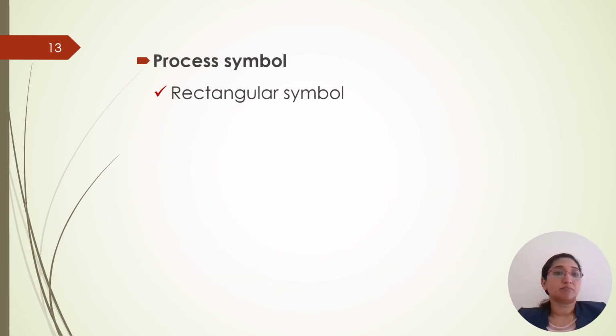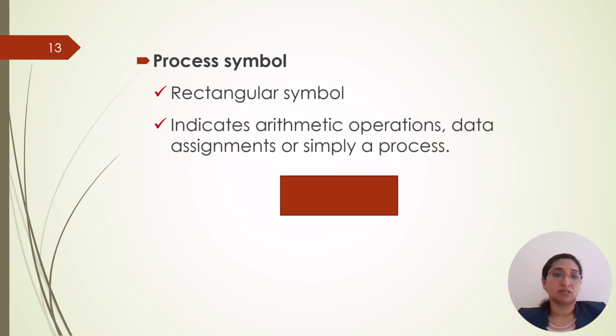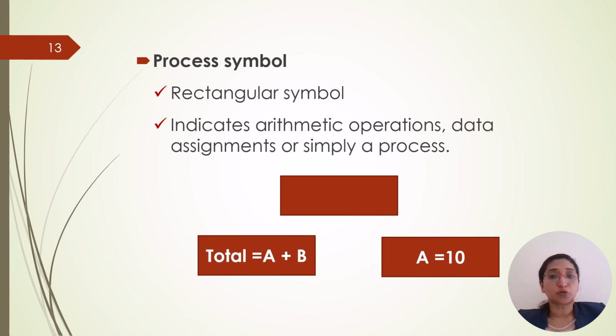Next is the process symbol. It's a rectangular symbol and it indicates an arithmetic operation or data assignments or simply a process, something that the program does, explains in this process symbol. So it can be an arithmetic operation or a data assignment.